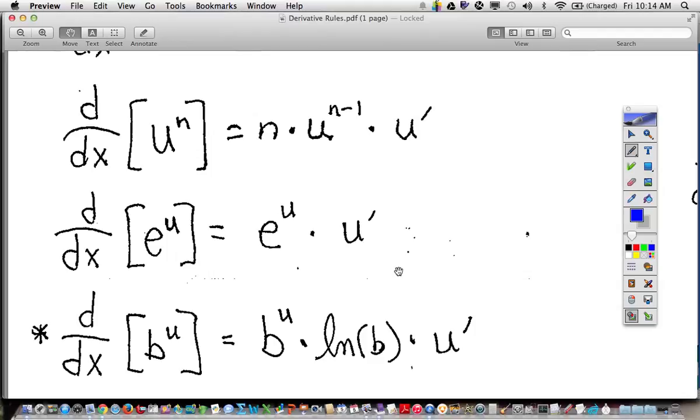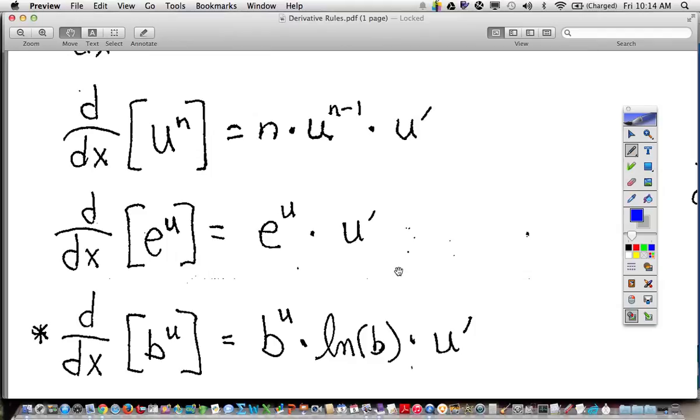So what this is saying is, if you have some stuff raised to a power, that stuff is on the inside. So you do the derivative of the outside, which is the power: you bring the power down, leave the inside alone, decrease the power by 1, and multiply by the derivative of the inside. Here you have e raised to some stuff. That stuff is on the inside. So the rule is e to the stuff, times the derivative of the inside.